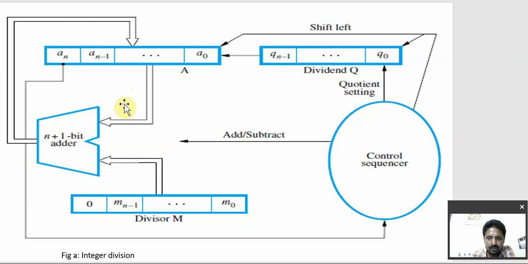This is register A, which as previously told is stored initially as 0, and this is the dividend. The dividend value is stored in this one, and the divisor value is stored in this one. So based on the operations, we will move the bit positions, and we will perform the concerned operation.